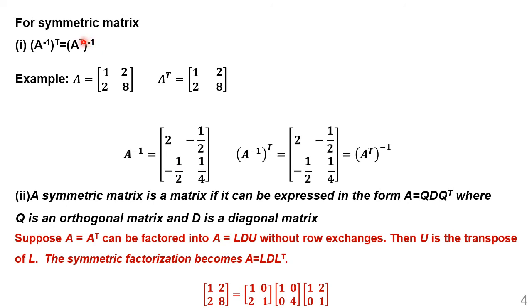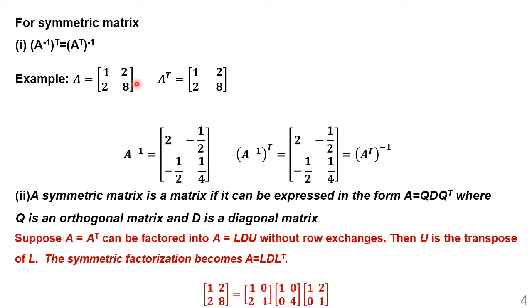We'll look into two more special properties of a symmetric matrix. It says that if A is a symmetric matrix, then A inverse transpose is always equal to A transpose inverse. We'll take an example.